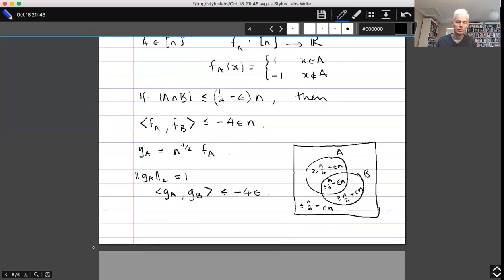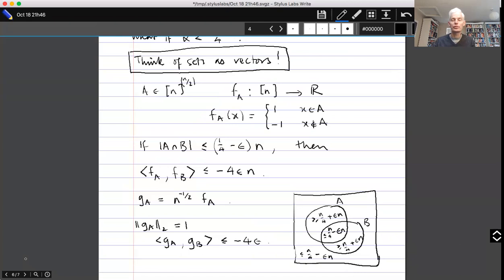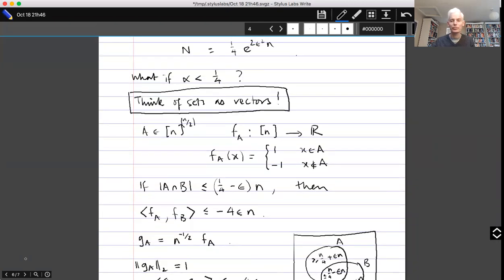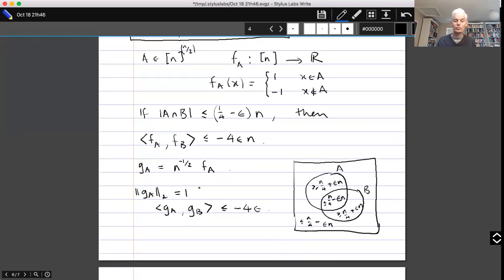And so thinking about sets as vectors allows us to transform the problem. How many sets can we find if any two intersect in at most a quarter minus epsilon n, becomes: how many unit vectors can we find?